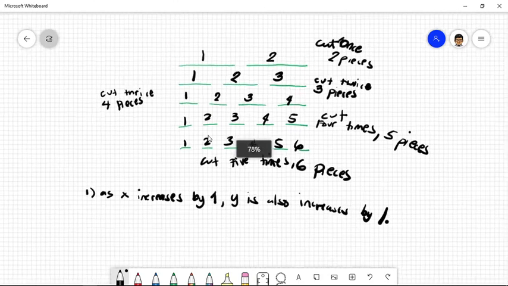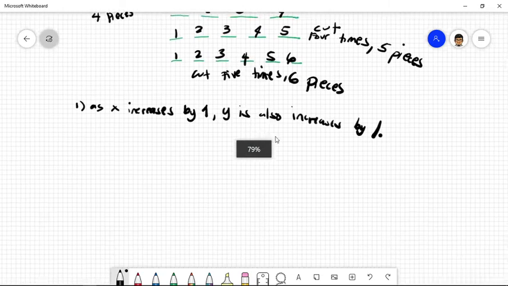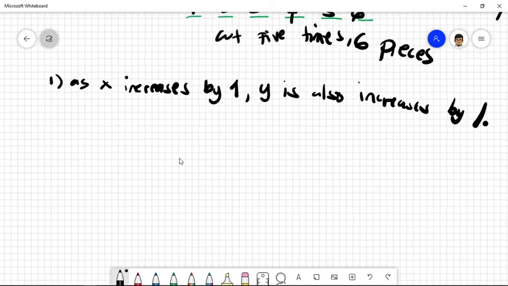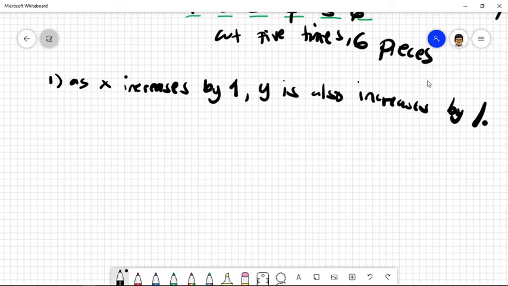Now, next. Pahabain natin yung conjecture natin. Second conjecture. If x, or the number of cuts, is 1, what is the number of pieces? If I cut it once, y is 2.